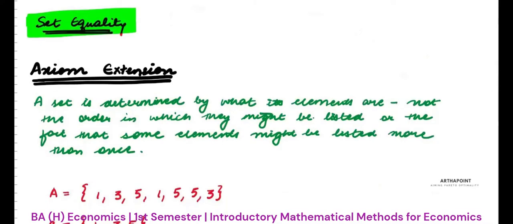To understand set equality, we must understand an important axiom. Set equality says that two sets are equal if they have the same elements.